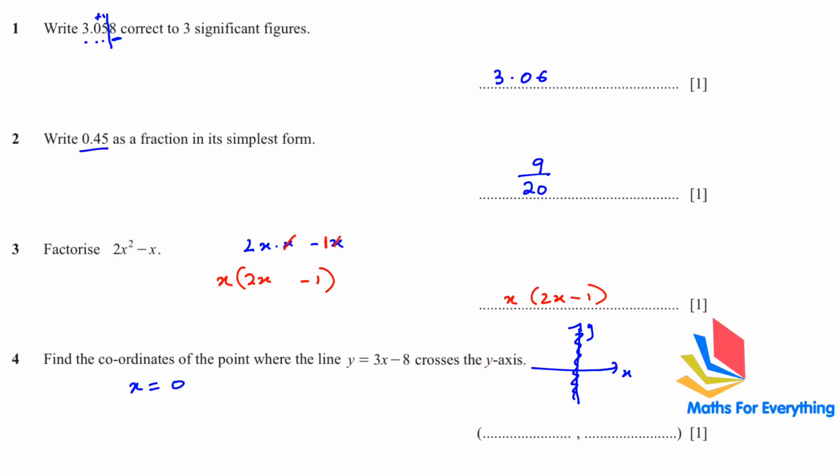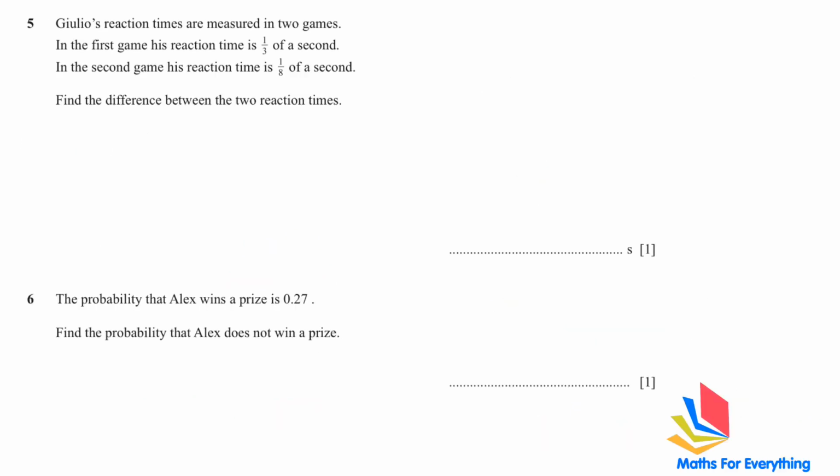Anything on the y-axis will have the x coordinate as 0. Anything on the x-axis will have y coordinate as 0. So simply put 0 in place of x and you will get y is negative 8. We already know that x is 0 and now y is negative 8. So 0 and negative 8 is the answer.